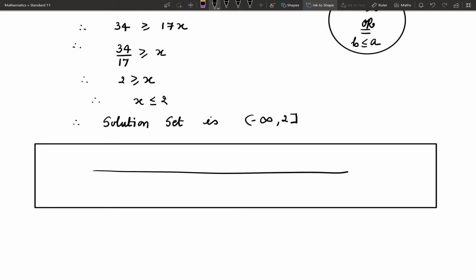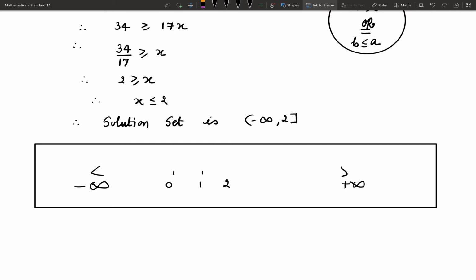So this is the real line, minus infinity to plus infinity. Somewhere here there will be 2, 1, 0 and so on. It is a closed interval. We call this point P.